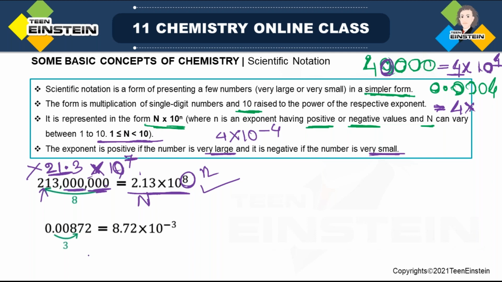Now we have to express it in the format of capital N into 10 to the power n, keeping the condition that is fulfilled, which is this one. So that is, it is 8.72. It cannot be 0.872, because if it is 0.872, then it is lesser than 1. If you are writing it as 87.2 or 872, that is also not right. So you have to write it in this way. Okay.